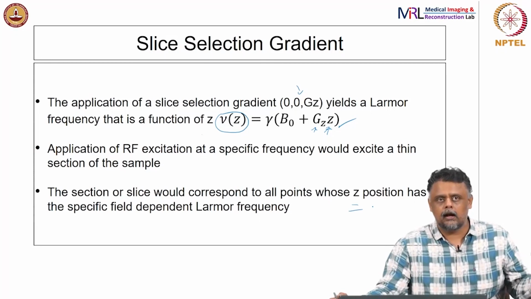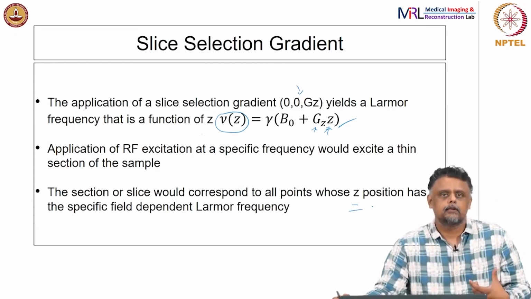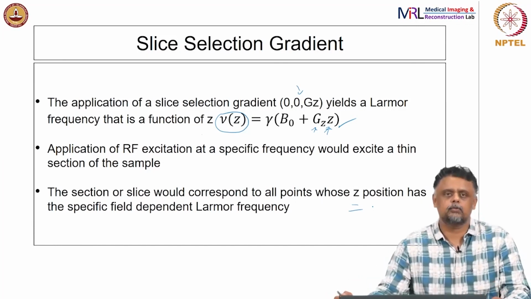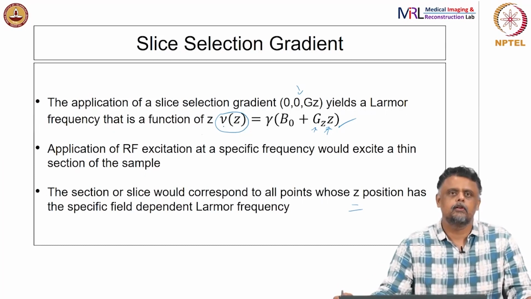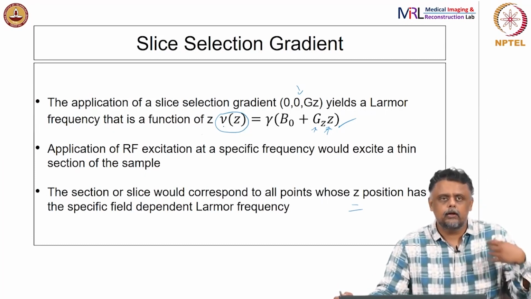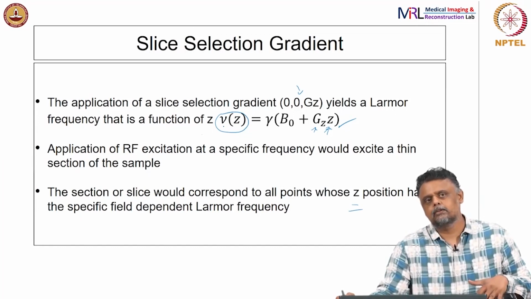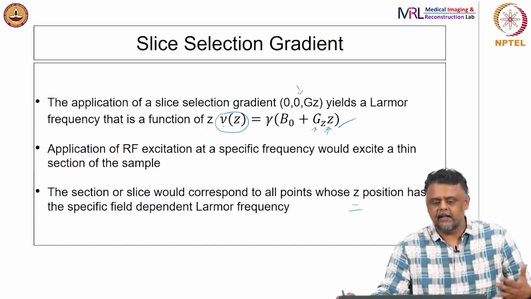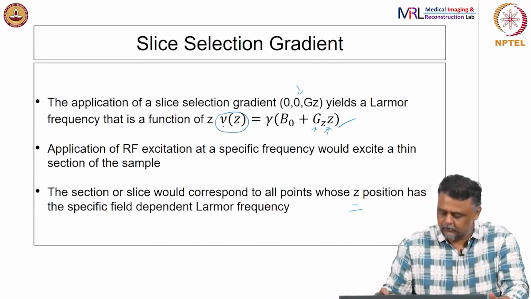In this case your RF pulse has a certain center frequency and a bandwidth, and whichever Z position corresponds to that center frequency and bandwidth, because now we know omega is a function of Z, only those spins will be flipped into the plane. So, that is the idea behind introducing it. This means that we are now only looking at a certain cross section of tissue.